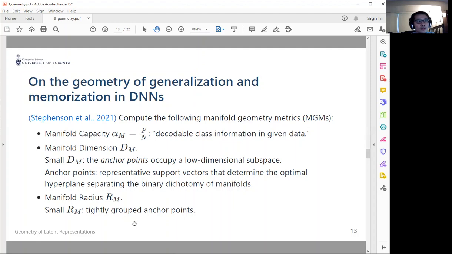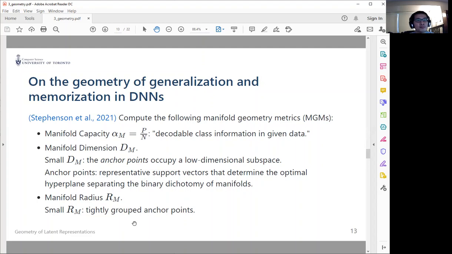I think what the manifold dimension represents is sort of the compressibility of that manifold.